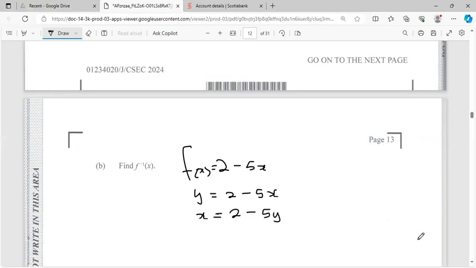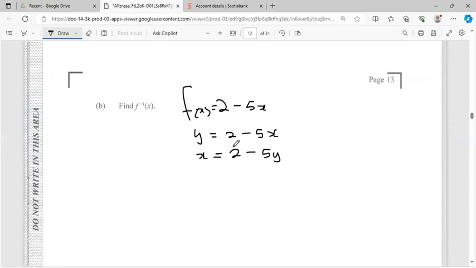Alright, so at this point now, guys, we're supposed to make y the subject of the formula. So that positive 2 right here, we have to get rid of that and then the minus 5. And then that will be our answer. So this is a plus 2, so we're going to minus 2 from both sides.